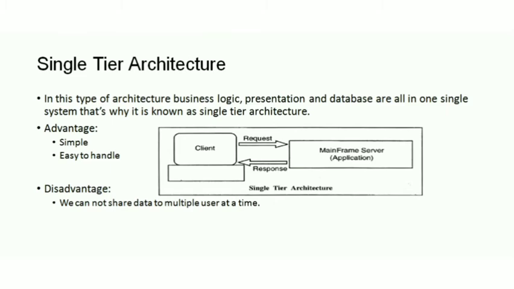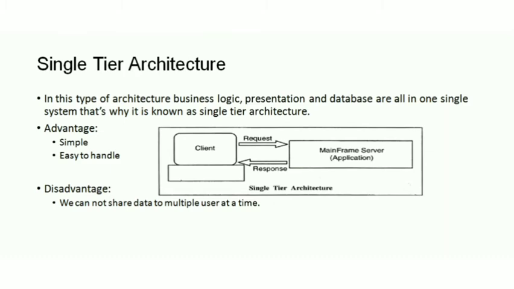And the part where all the data is stored or maintained is the database part. So all three things in one system is known as a single tier architecture. In the single system, the client is there and the server is also there. The client sends the request and that same system generates a response and gives the response to the client part.